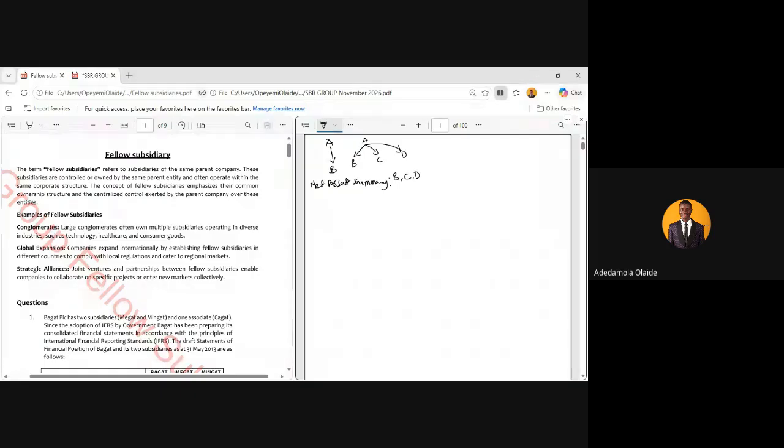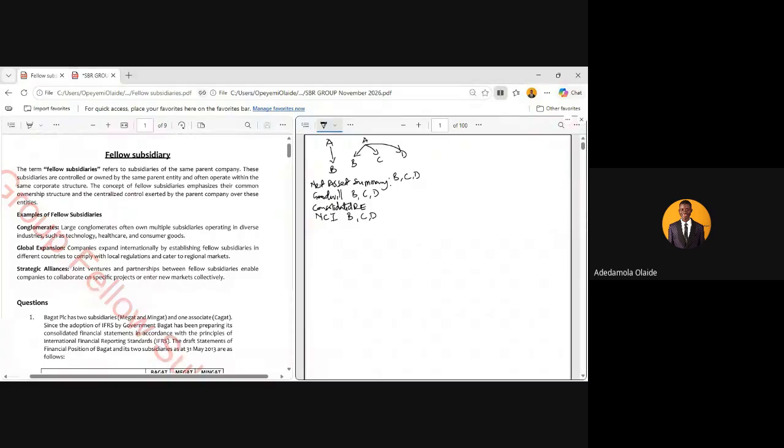If I want to calculate goodwill, I will do it for each of the subsidiaries also, B, C, and D. If I want to calculate consolidated retained earnings, because that is for the parent, I will not need to calculate for each subsidiary. But if I want to calculate NCI, yes, I'll calculate NCI for B, C, D, and then consolidate the results of all of them together.